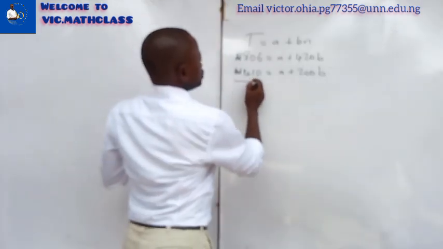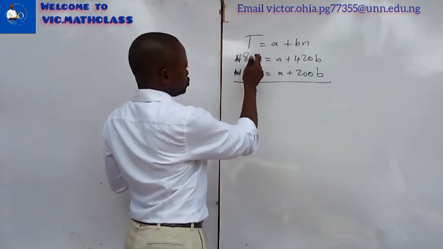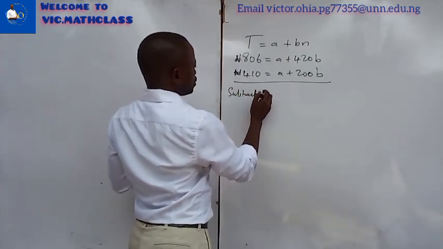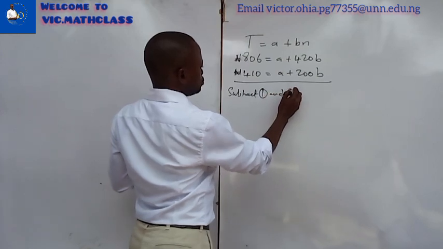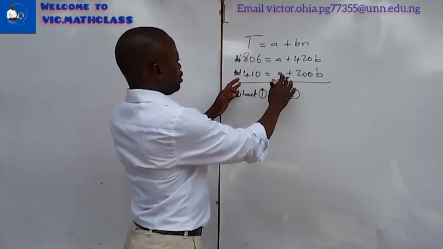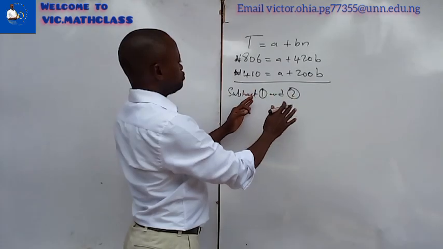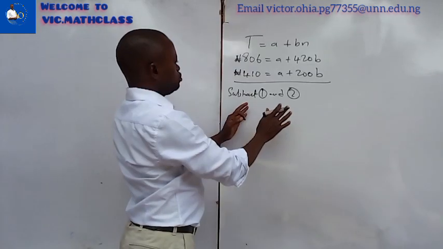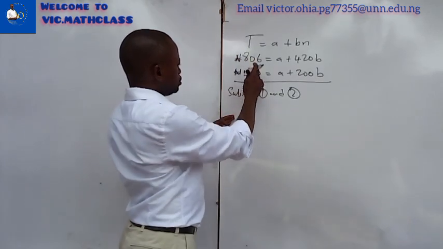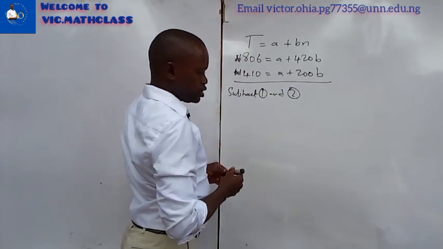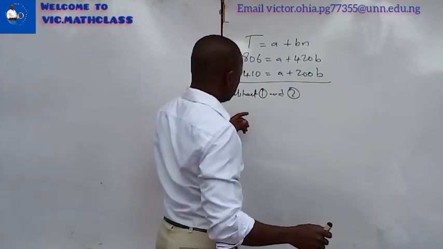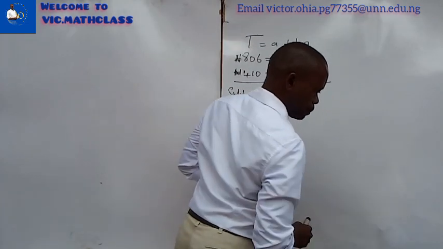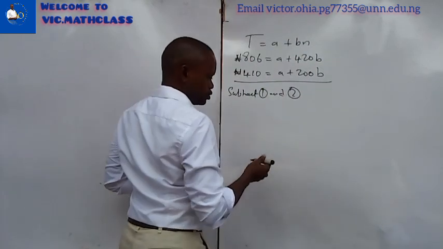If I solve this simultaneously, I'm just going to subtract equation 1 and 2. The most important thing is to maintain absolute values. So this minus this. If this were to be on top, just keep the absolute value. I have done the calculation already: 806 minus 410 gave me 396.